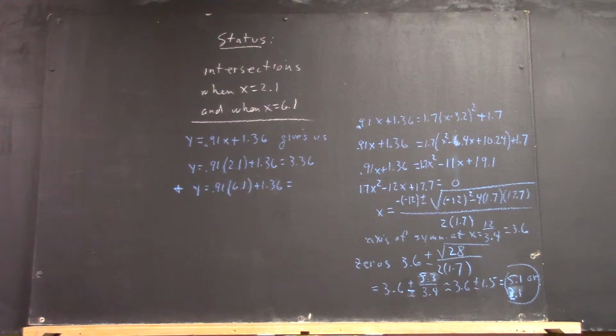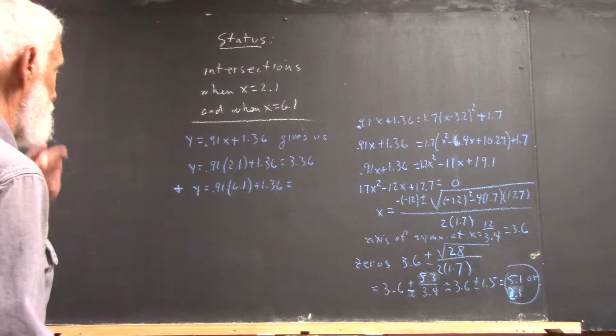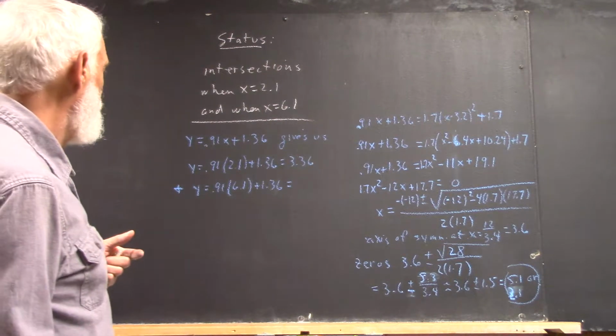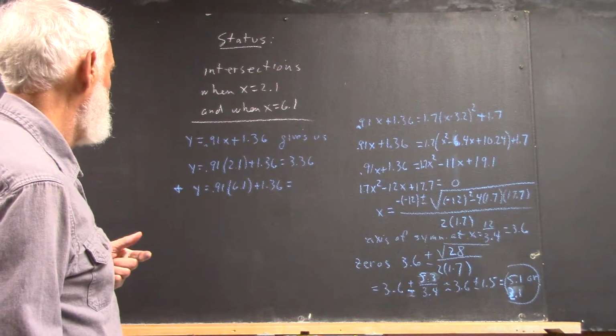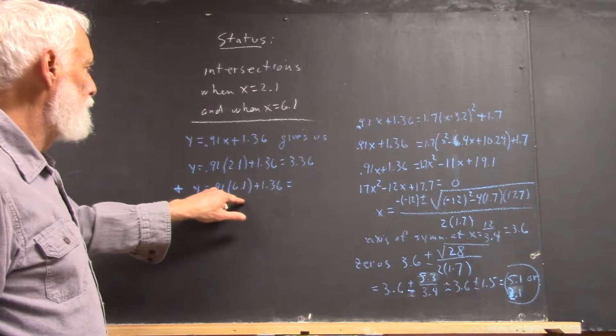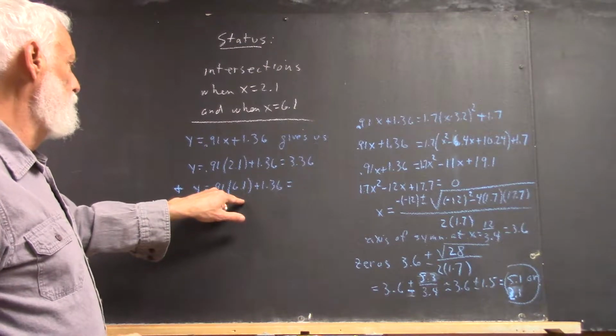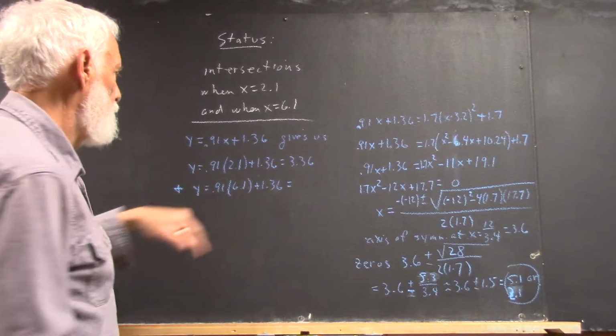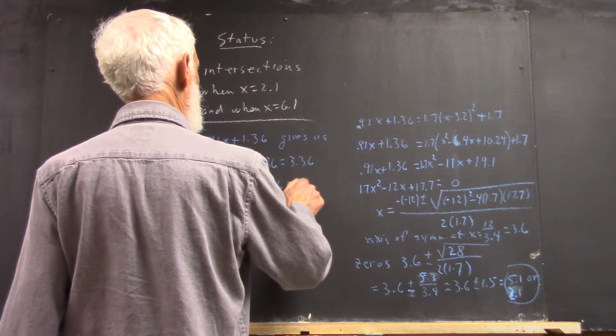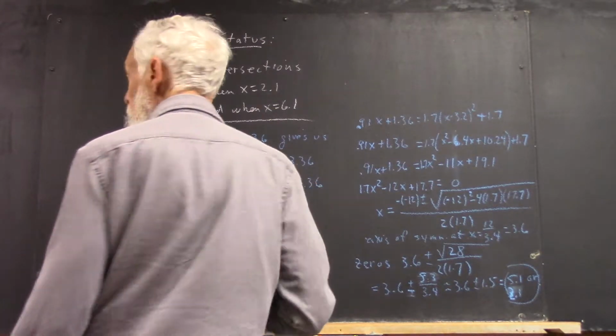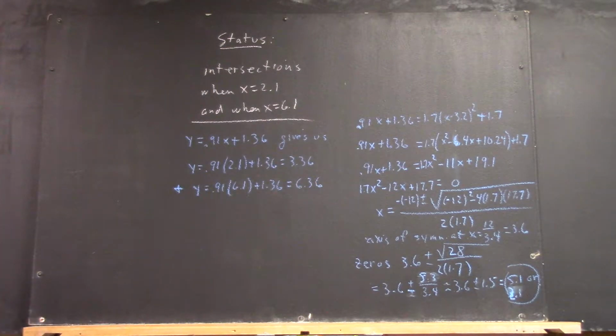And yeah, the estimate over there was 2.5, so that's a little off. And this is going to be pretty close to 5.5, and that's going to be like 6.36.